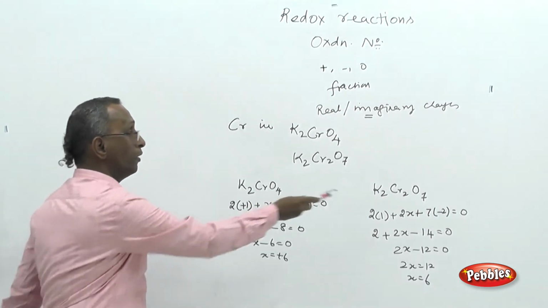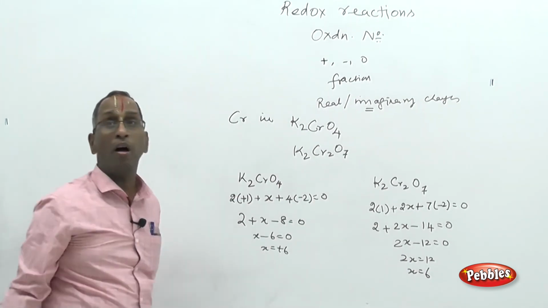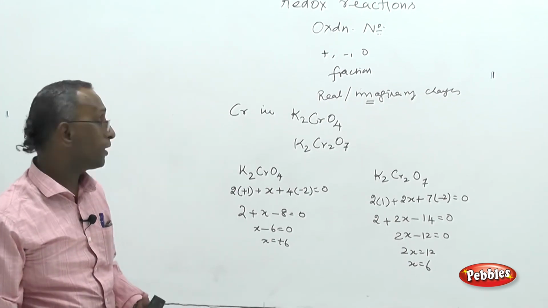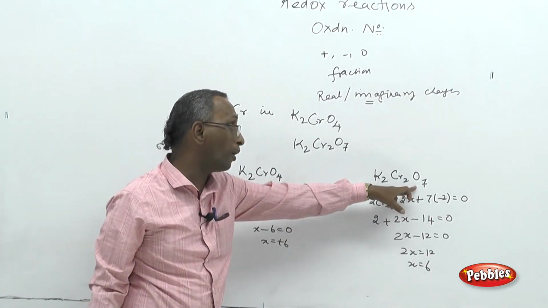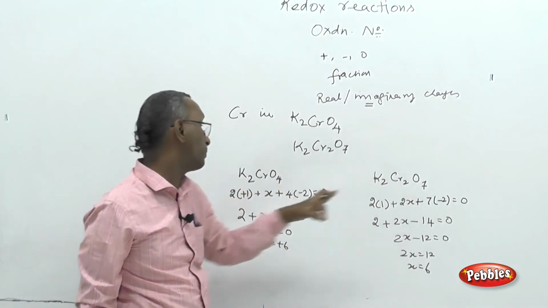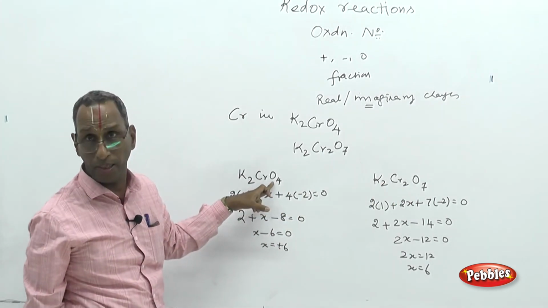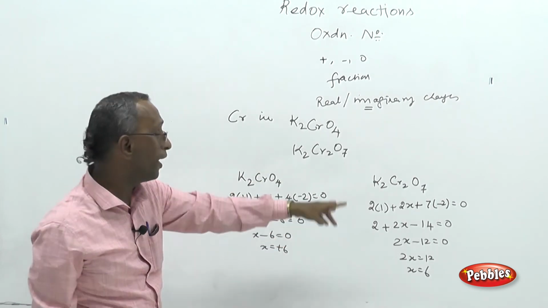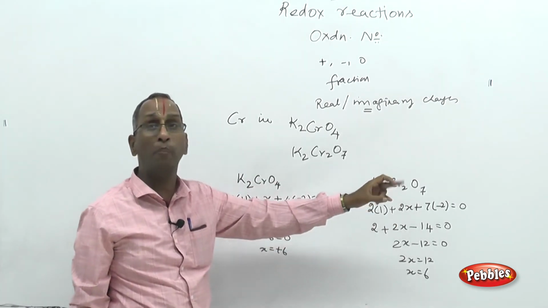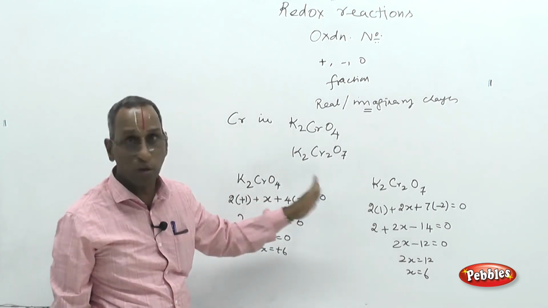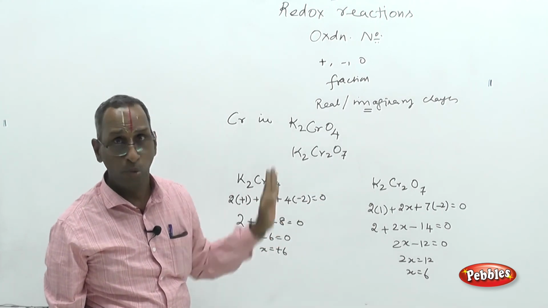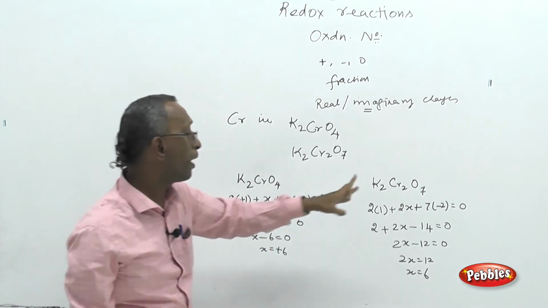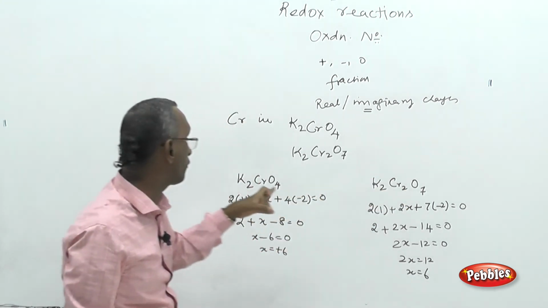But here there is more oxygen availability. Potassium dichromate contains 7 oxygen atoms, here only 4 oxygen atoms. Enormous oxygen atoms are available for oxidation. That is why potassium dichromate is more powerful. Both are oxidizing agents, no question, but potassium dichromate is more powerful.